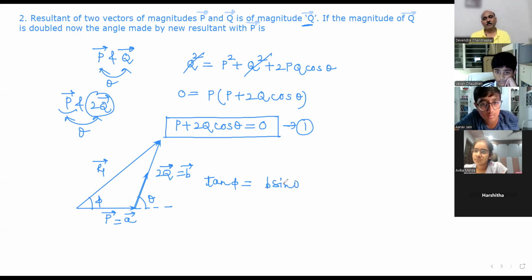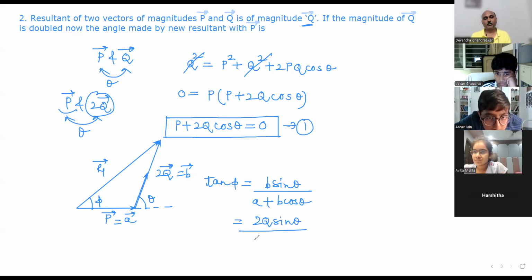tan phi is b sin theta upon a plus b cos theta. I hope all of you remember this. You have to revise it and come to class. In this case, b is 2Q, so this is 2Q sin theta upon P plus 2Q cos theta.